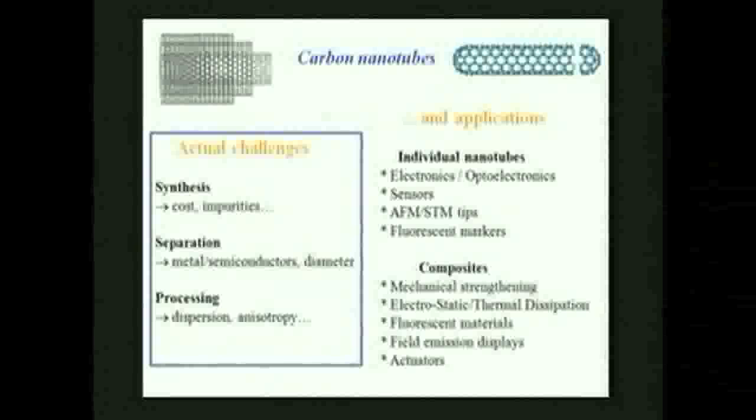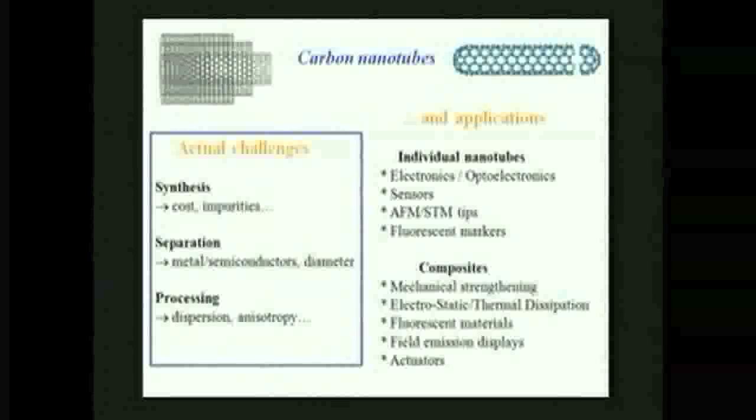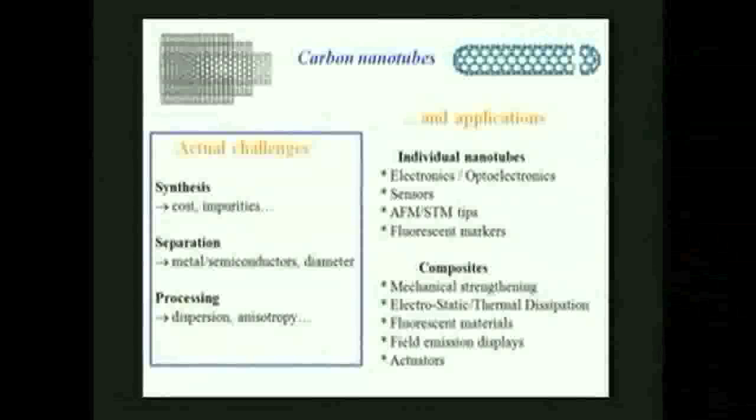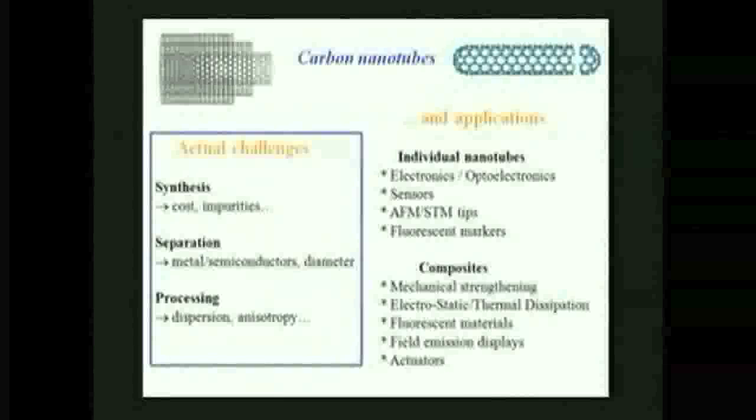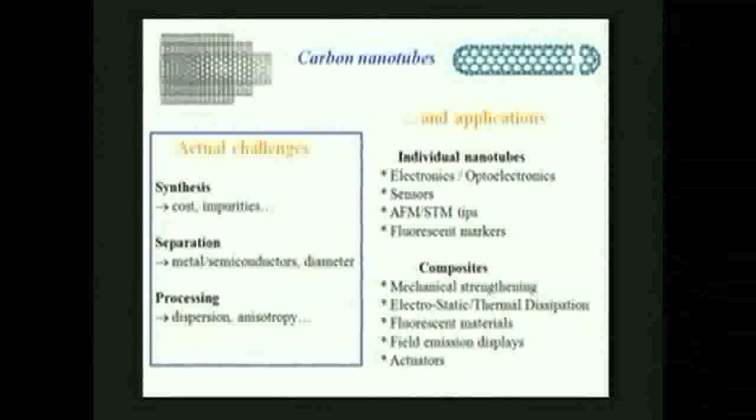And obviously, when you look at these materials, you see that they are very anisotropic, and therefore most of their properties are also very anisotropic. When we say that they have a very high Young modulus, it's only in the axis of the nanotube that you find this property. When you say that they can conduct high density of current, it's also only in the direction of the axis.